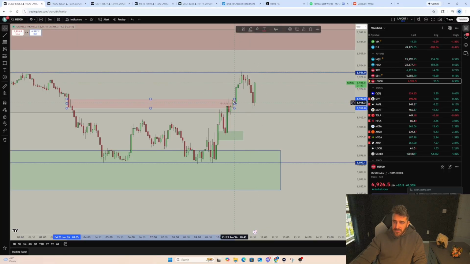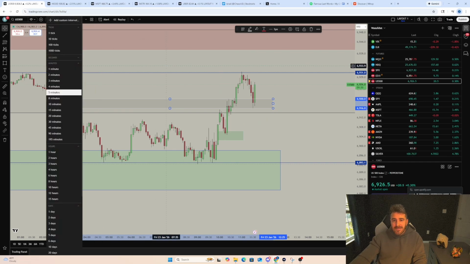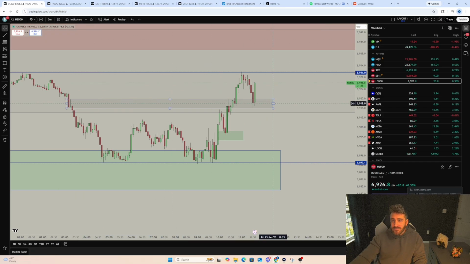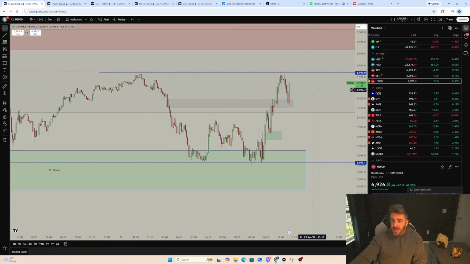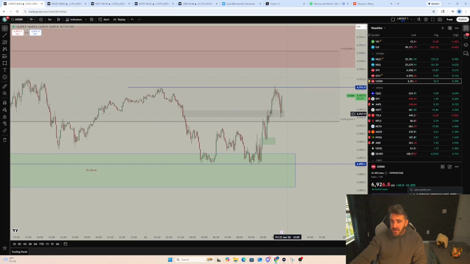If this supply got flipped and there was demand. Now, it did come back and retest it, and we're going up as of the moment. But there was no demand that printed right here, so that's why I got out. Being a Friday, I'm taking my profits when I can.